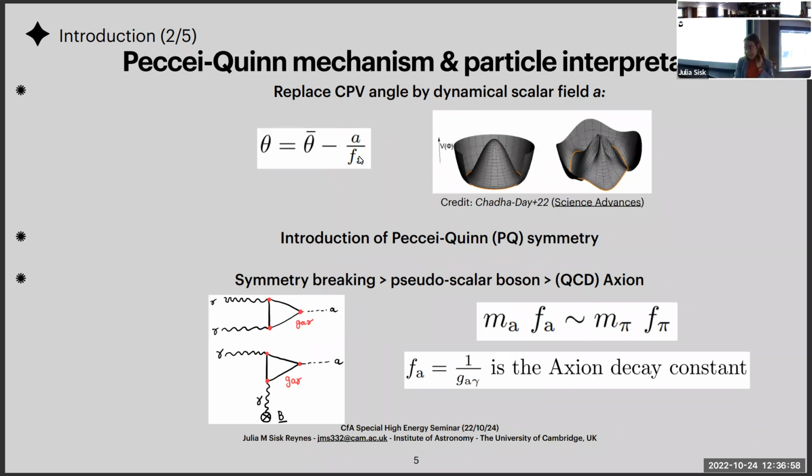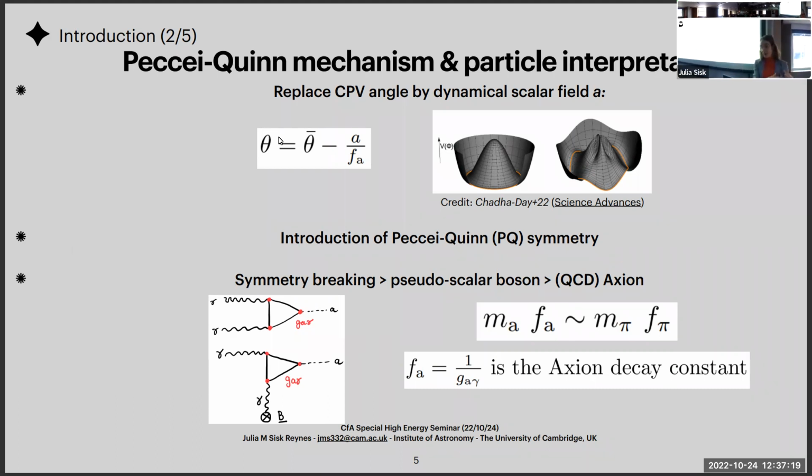So we see that this A, which is a field, has an associated potential, and there will be some point in time where A will be able to roll down the potential. So the potential will be at its minimum, which will enable theta to become dynamically zero.